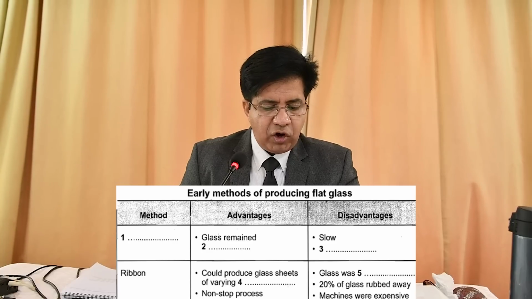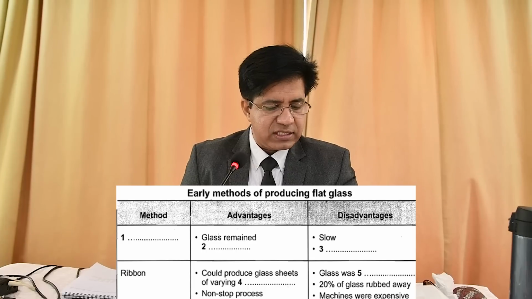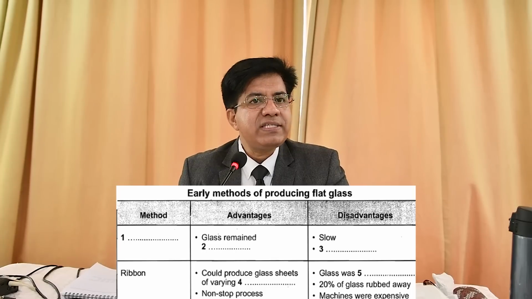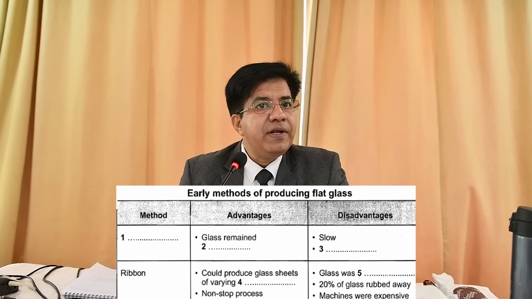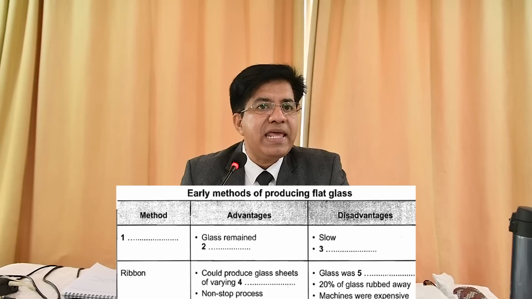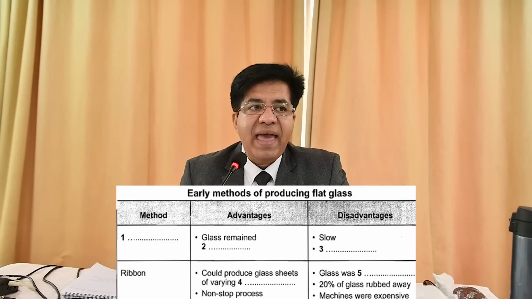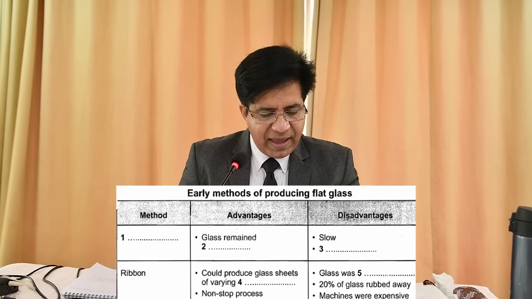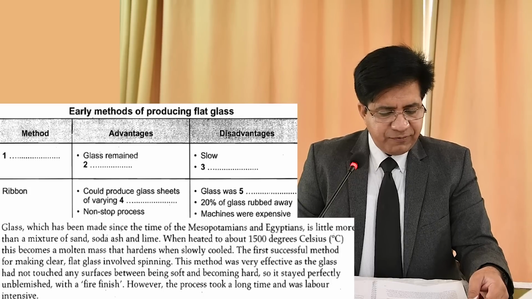Early methods of producing flat glass. Now you can see question number 1, method. What is the second method? Ribbon. Now ribbon is going to tell you that it's going to be the name of the method. Let's go back. We'll see early method. Second line, first paragraph.